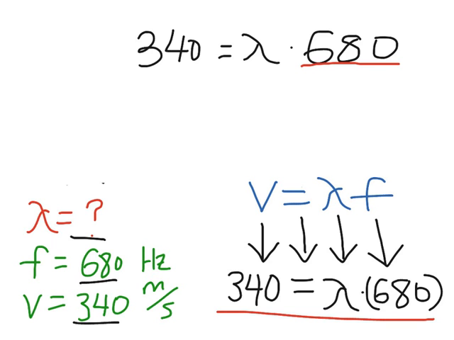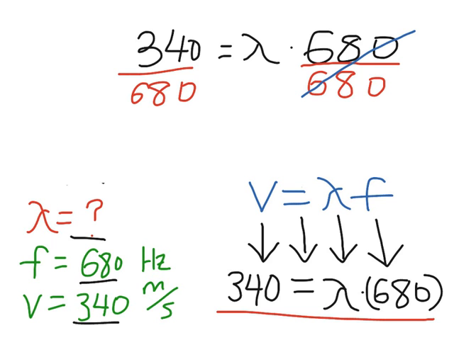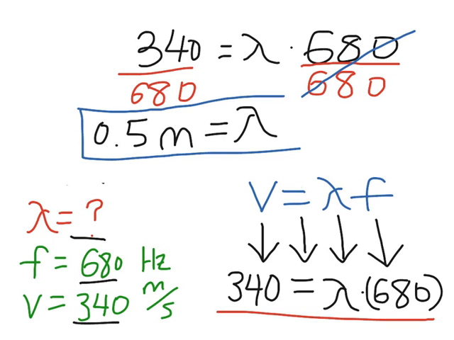To get rid of the 680, we divide both sides by 680. The 680s cancel. So I know lambda is 340 divided by 680, which is 1/2, or 0.5. The unit for lambda, which is wavelength, is meters. And there we have solved for lambda, which is the wavelength. So the answer to the question is the wavelength of the sound wave is 0.5 meters.